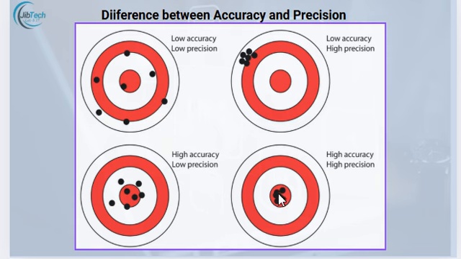So it means that the instrument will be accurate and also precise in this case. Why? Because all of our experiments fall inside the true value, and that's accuracy.